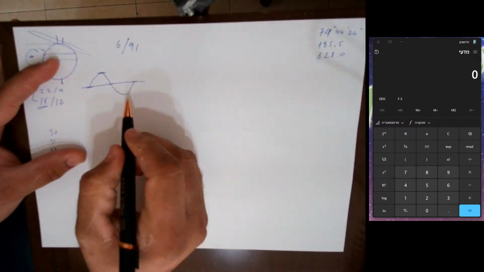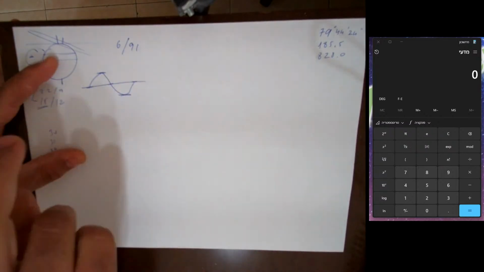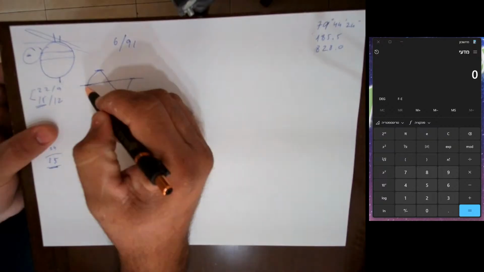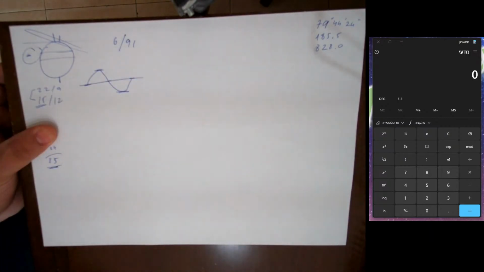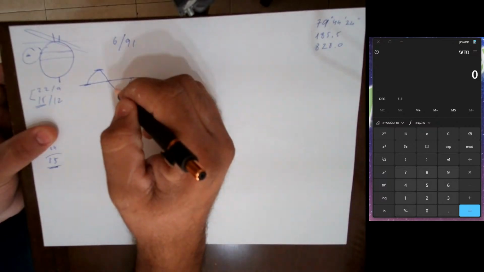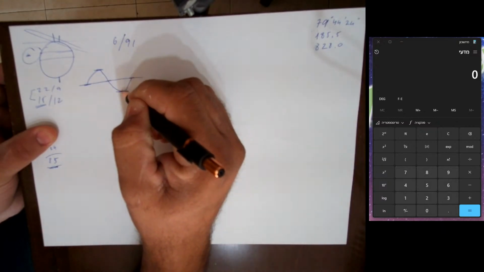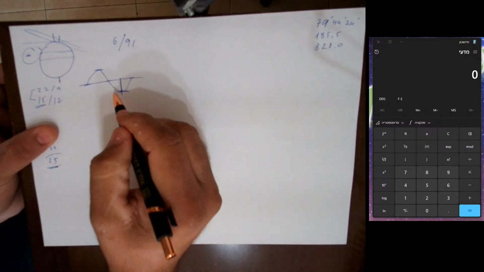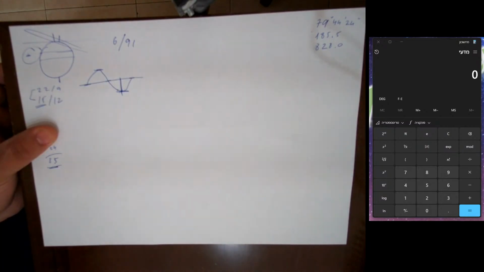This is summer solstice, this is winter solstice, or if we're in the southern hemisphere, it's in reverse. So this is, as we know, a sine wave, and we're almost here. We're 6 days away from this point, so we're about here. If you can see what I'm drawing.